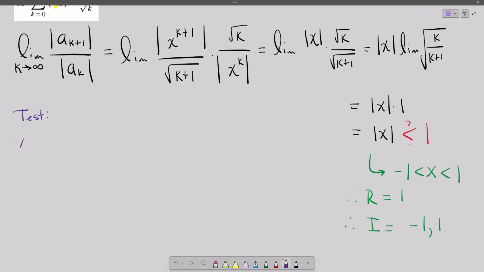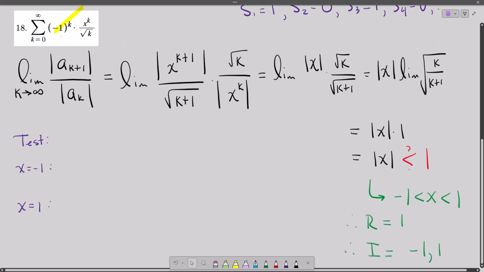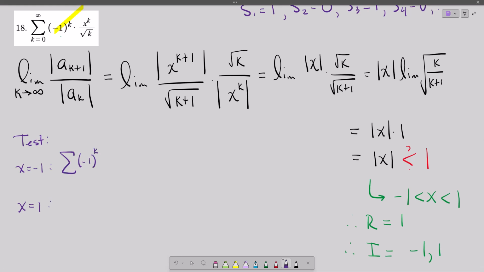We have to say, okay, let's let x equal -1. Let's let x equal 1. These are going to give us numeric series. Then we're going to go back to chapter 10, use our stuff from chapter 10 for the endpoints. So let's see. Plugging in -1. So we have -1 to the k multiplied by -1 to the k again over root k.